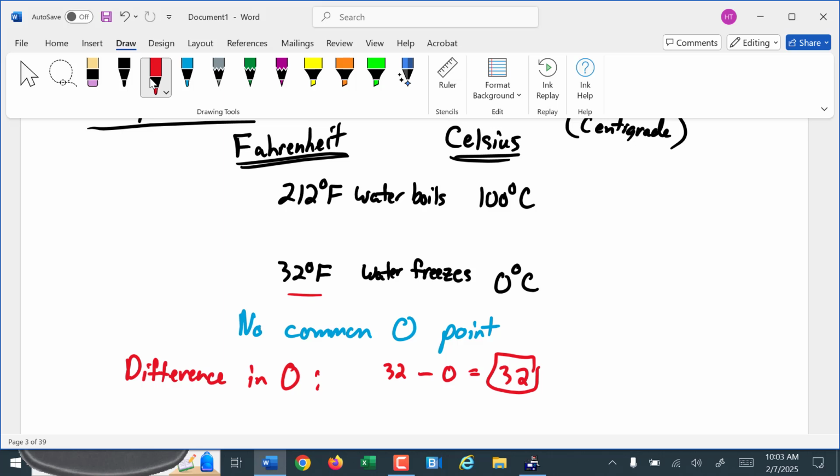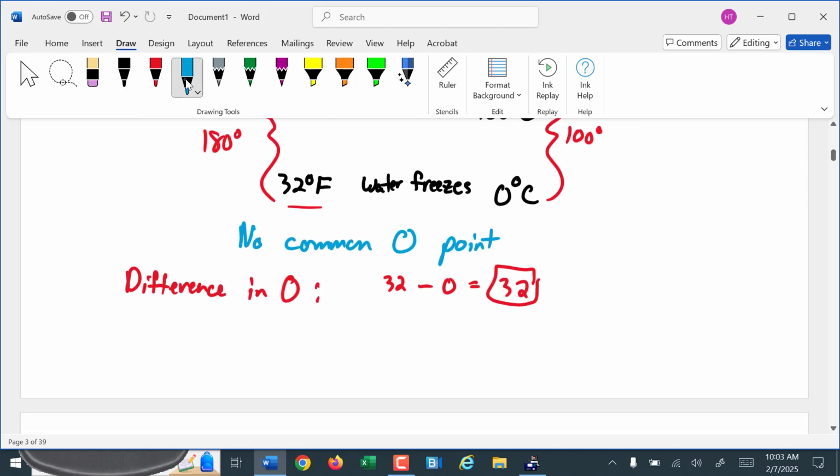The second thing we have to consider then is the size. From freezing to boiling, 212 minus 32 is 180 degrees in the Fahrenheit scale. In the Celsius scale, we already said that's 100 degrees difference. So there's that ratio.